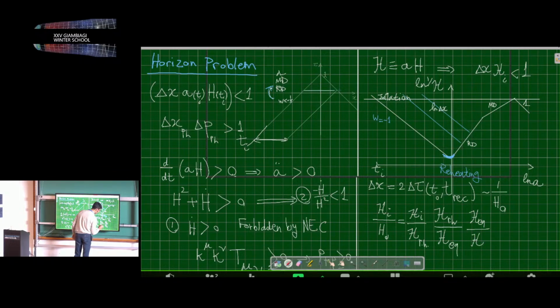Now, this H naught and the normal H naught are the same thing because I set a_0 to 1.